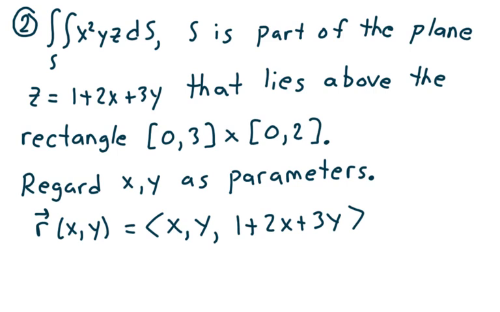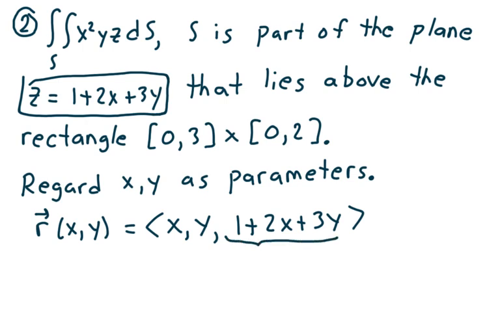And then I'm going to express z as a function of x and y. But notice z is equal to 1 plus 2x plus 3y. So in the third component, I replace z with 1 plus 2x plus 3y. And so that's my vector valued function.